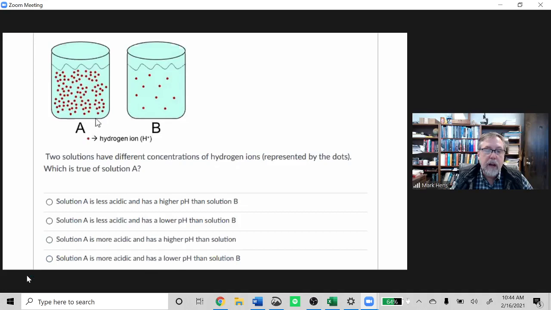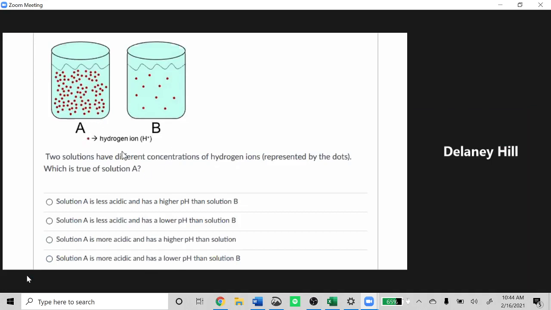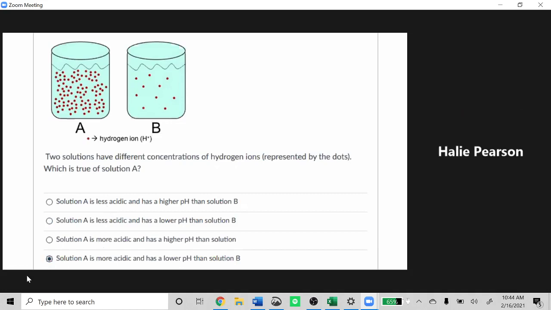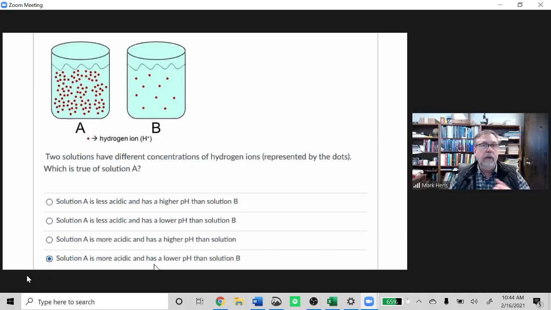So solution A has more hydrogen ions. So is it more acidic or less acidic than B? More acidic than B, right? And so is it higher or lower on the pH scale? It's lower. Okay. So that's understanding the relationship among the pH scale, whether something is acidic or basic compared to something else, and hydrogen ion concentration.